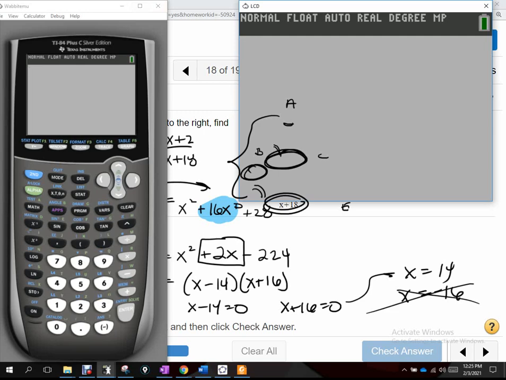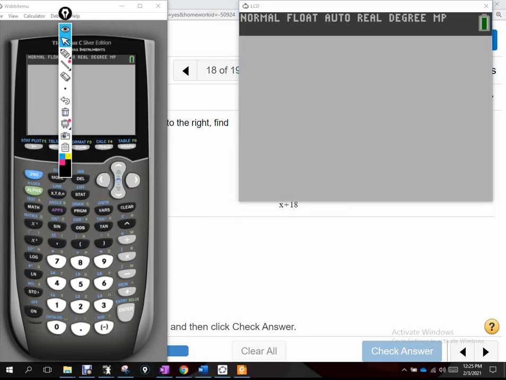All right, so an example, let's say we've got just purely the factoring portion of this.